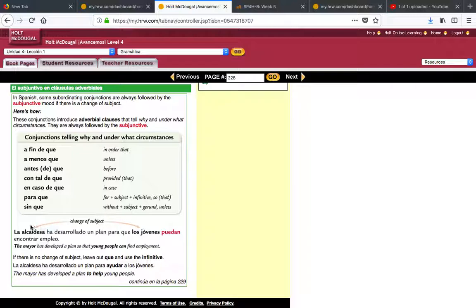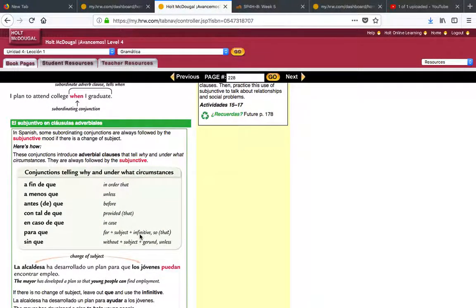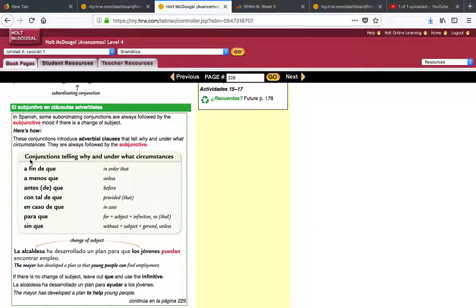And I do have a different subject: la alcaldesa and los jóvenes, different subjects. So this is the first part, subjunctive with this kind of conjunction. There is no discussion. You use these conjunctions, you have to use subjunctive after all of them, but be careful with this one. Now we're going to go to the next group of conjunctions.